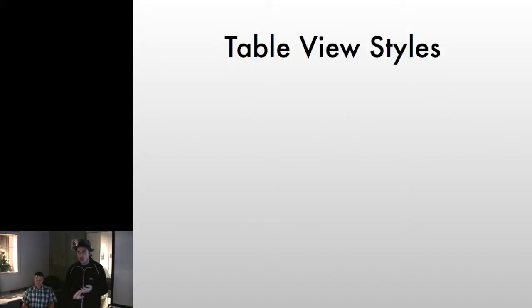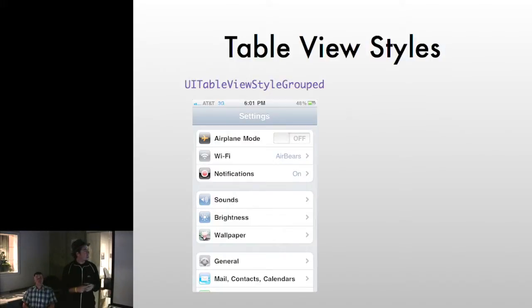There are two flavors of table view. There is the grouped table view, an example of which is from the Settings application, and even this is out of date, this is iOS 4, but beside the point. The idea is that your table view can have different groups, different sections, and in a group style, those sections are visually separated from each other because they're grouped in a single bubble, with space left between the different groups.